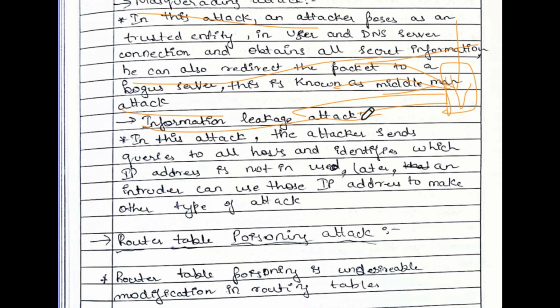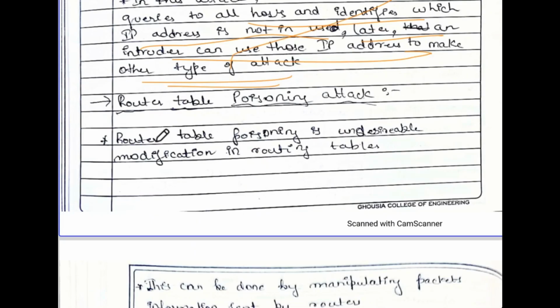To different users, he sends a query and finds out who is not using their system or IP address. If he finds out that IP address, he makes use of it to make other types of attack. In this attack, the attacker sends queries to all hosts and identifies which IP address is not in use. Later, an intruder can use those IP addresses to make other type of attack.